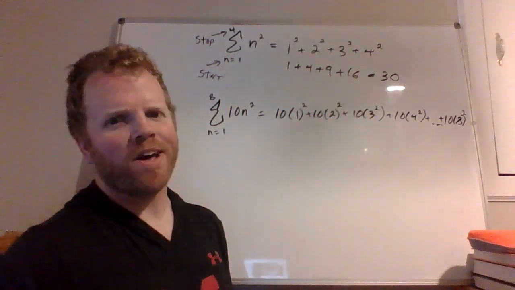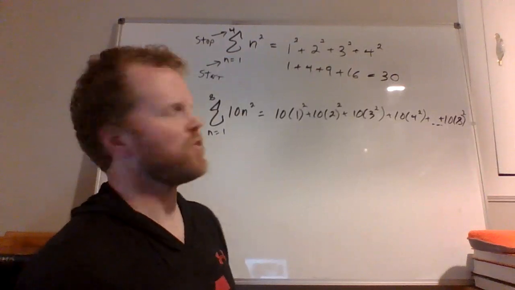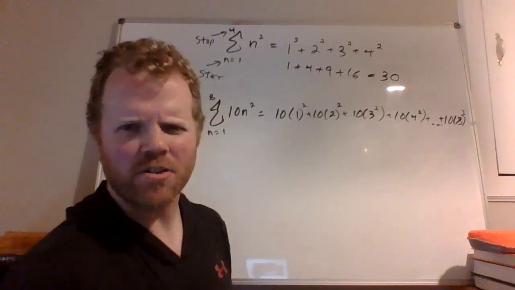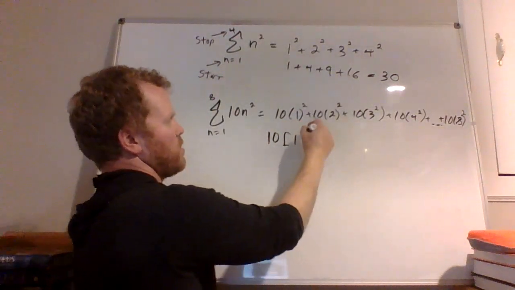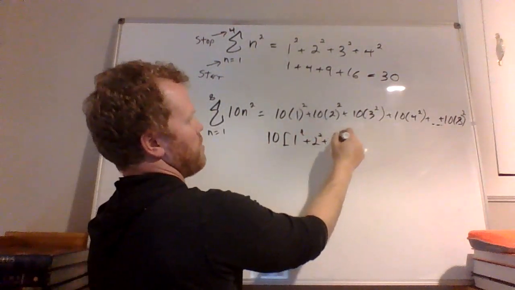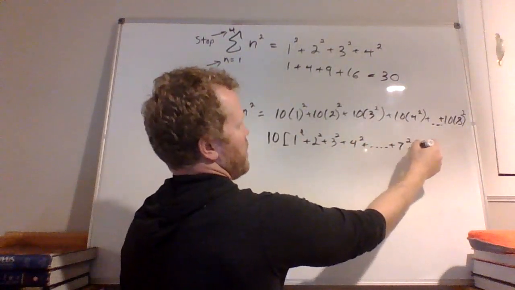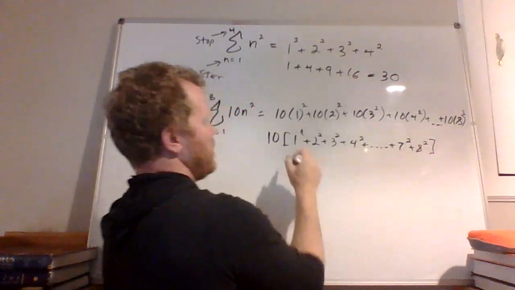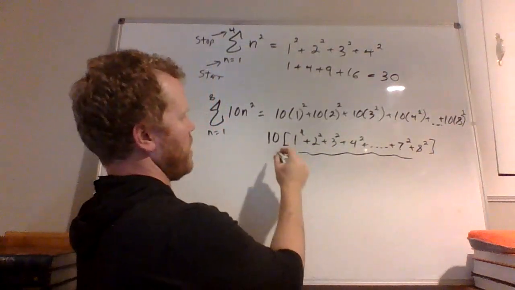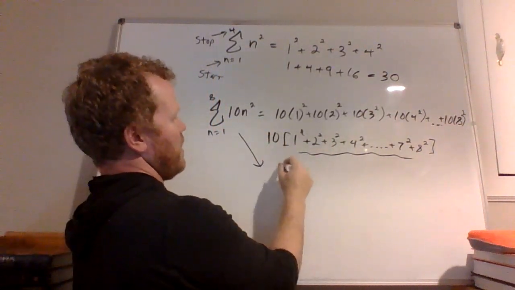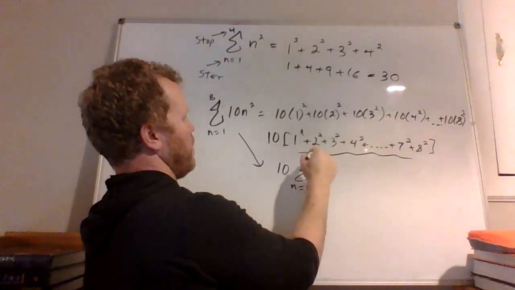The thing I'm trying to take away is not really to do this sum. It's kind of tedious. The key is that all the things are getting multiplied by 10. So if you factor out that 10, you get 1 squared plus 2 squared plus 3 squared plus 4 squared plus etc. You get to 7 squared and 8 squared eventually. So that is just summing all the square stuff. So this is the same thing as 10 times the sum of n squared starting at 1 going to 8.